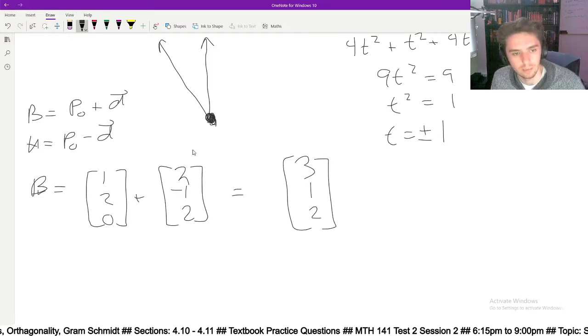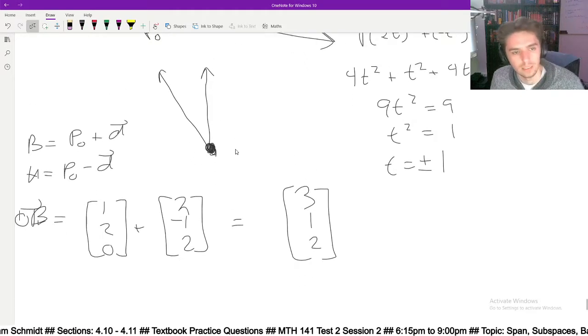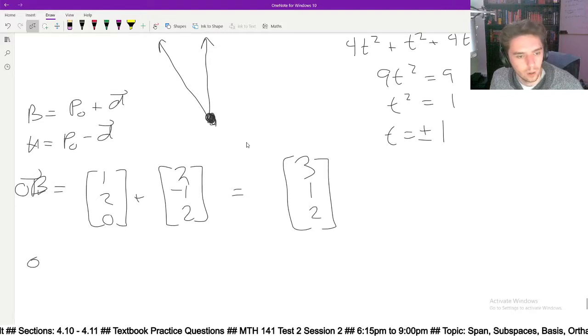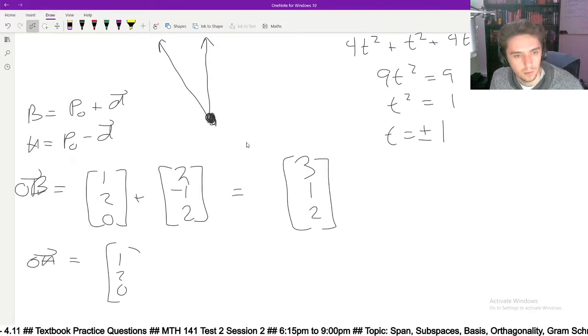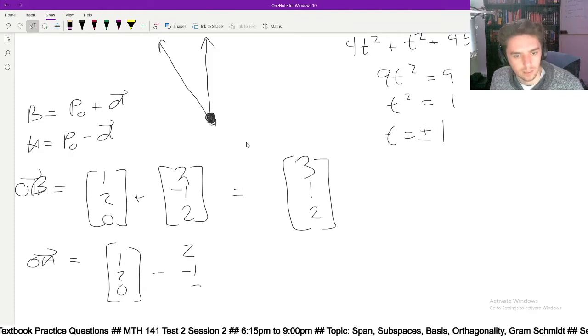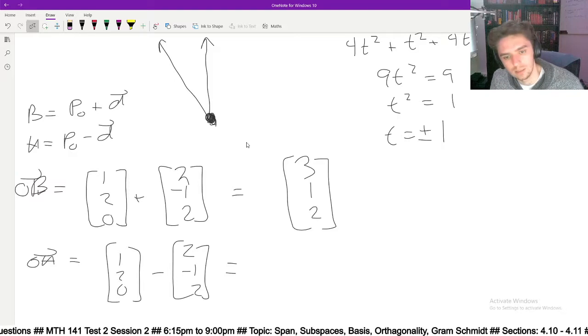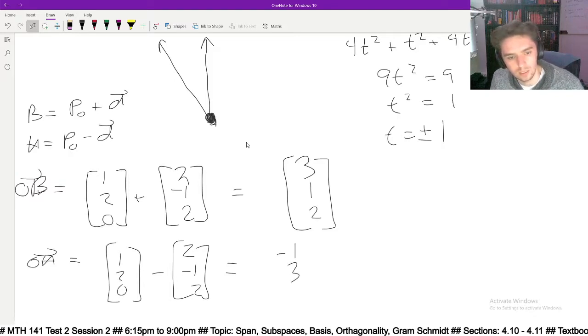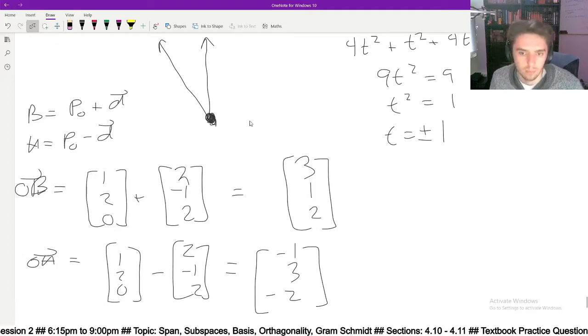So that's point B. OB is that. And then OA is going to be the same, so 1, 2, 0 minus the direction vector. So 1 minus 2 is negative 1, 2 plus 1 is 3, 0 minus 2 is minus 2. So that's point B, point A.